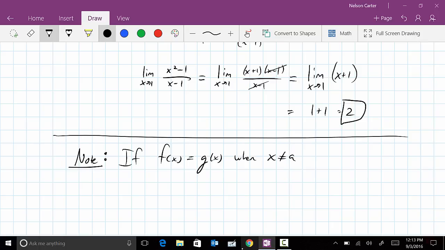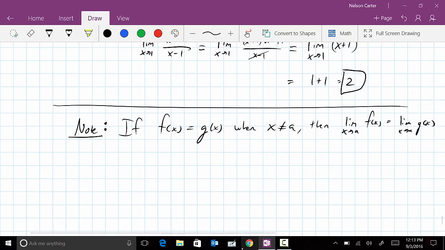So if for every other value, f of x is equal to g of x, for every value except maybe for a, then the limit as x approaches a of f of x will equal the limit as x approaches a of g of x. That they'll have the same limit, provided that the limit exists.